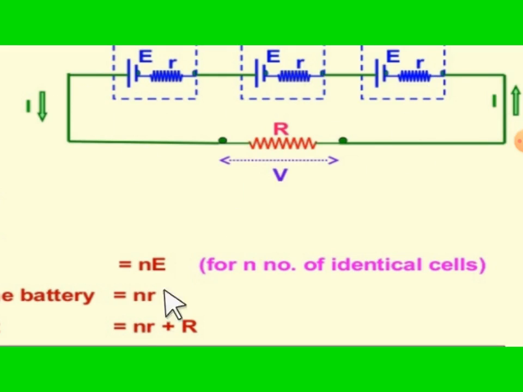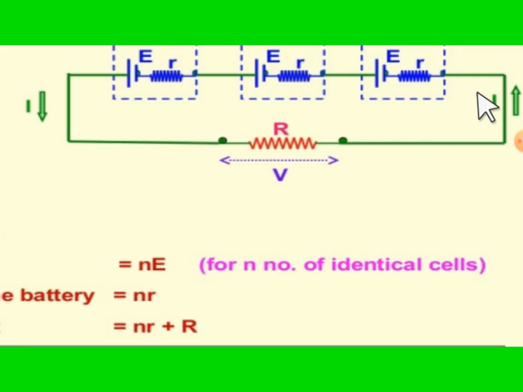So what happened? Total equivalent resistance will be nr plus capital R. This will be the total resistance of the circuit. Total potential difference of the cells connected in series.